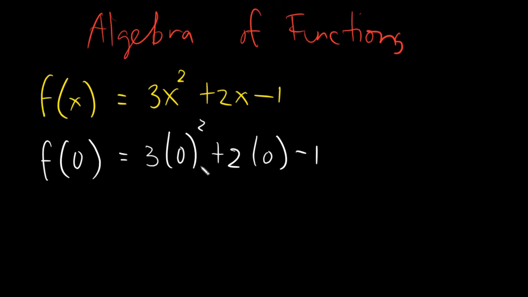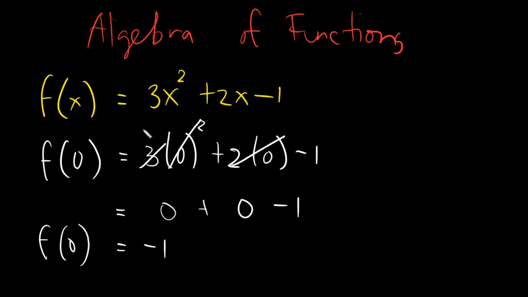Everything except x stays, and you simply evaluate as is, like in MDAS. 0 squared is 0, and 0 times 3 is 0. Plus 2 times 0 is 0, so we have 0 plus 0 minus 1, which gives you negative 1. Therefore, in our function f of x equals 3x squared plus 2x minus 1, f of 0 equals negative 1.